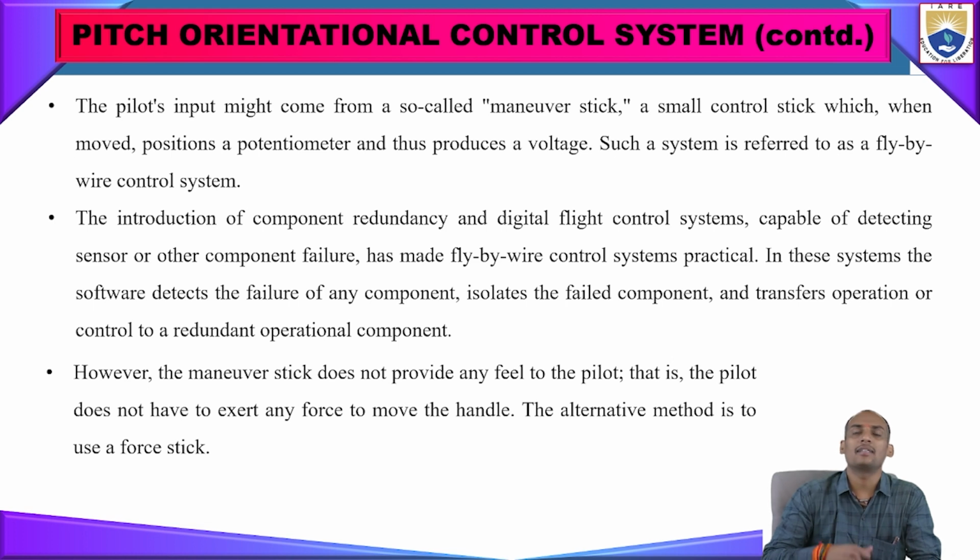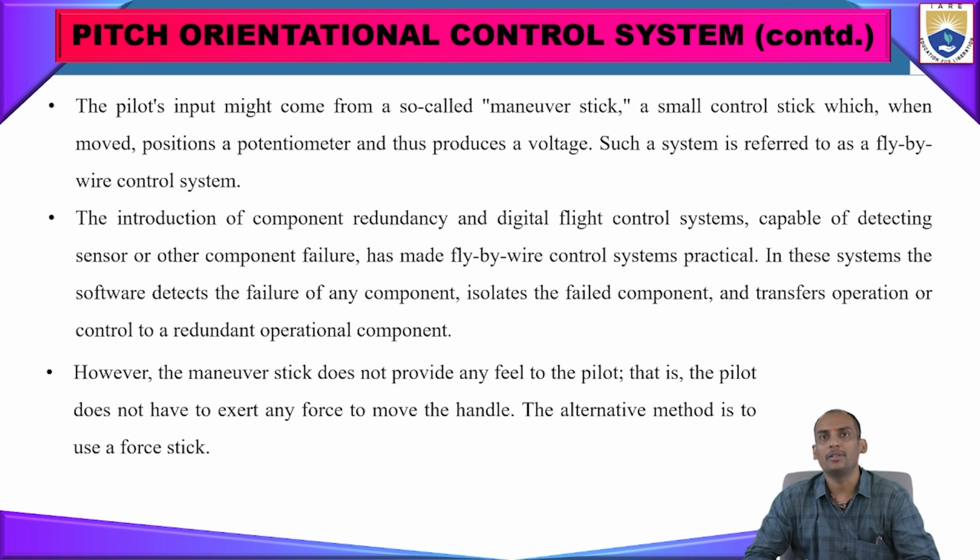Here the control input is given only as a voltage signal, which travels through the wiring system. The introduction of component redundancy and a digital flight control system is capable of detecting sensor and other component failures, when we are giving the voltage input.